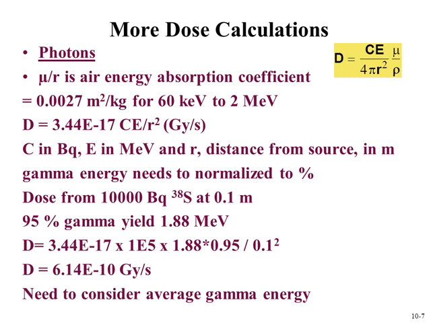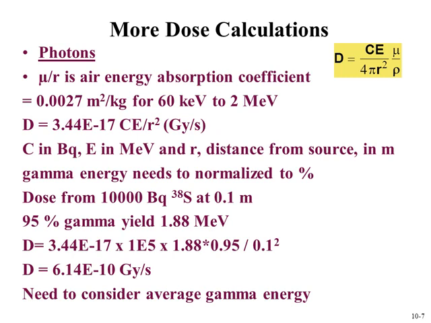So as an example, let's consider a case where we have 10,000 becquerels of sulfur-38 at 0.1 meters. We know that if we look it up, there's a 95% gamma yield for a 1.88 MeV photon. So we could take these values and substitute them into our equation that's shown here.